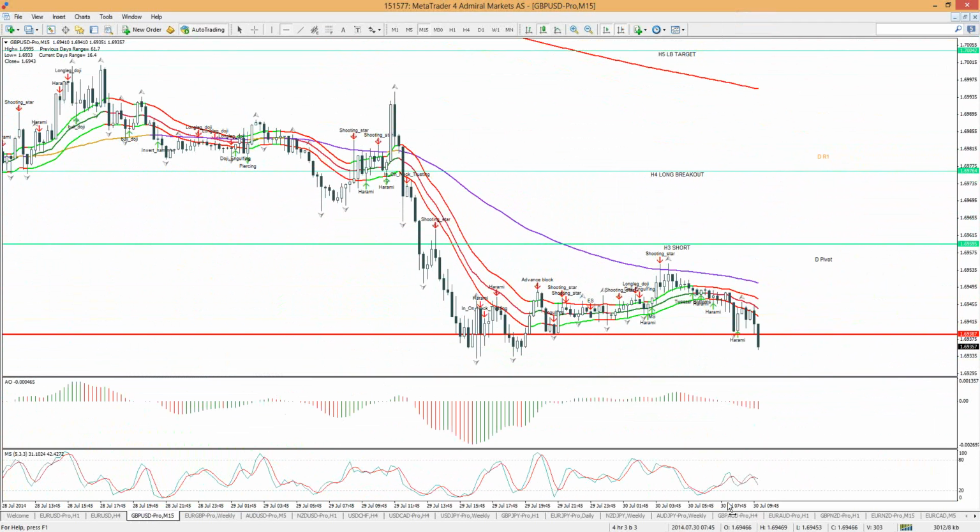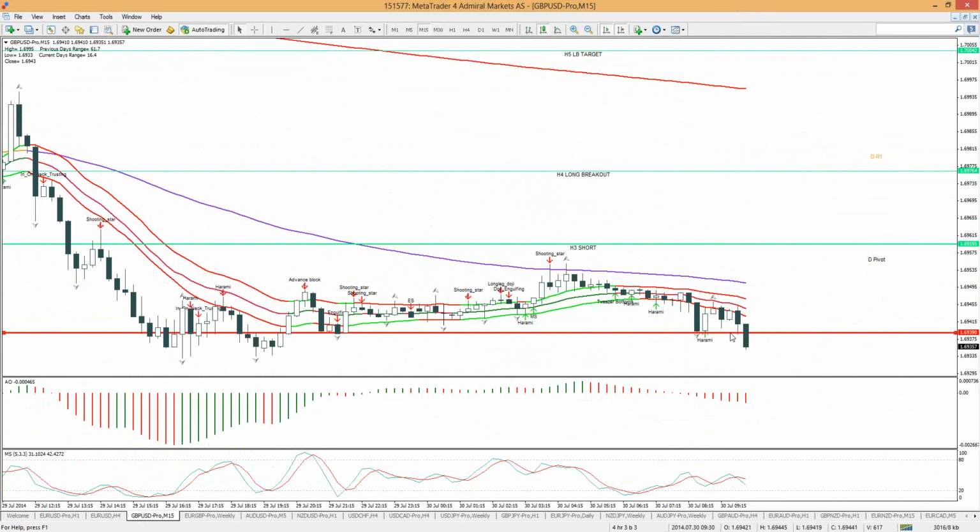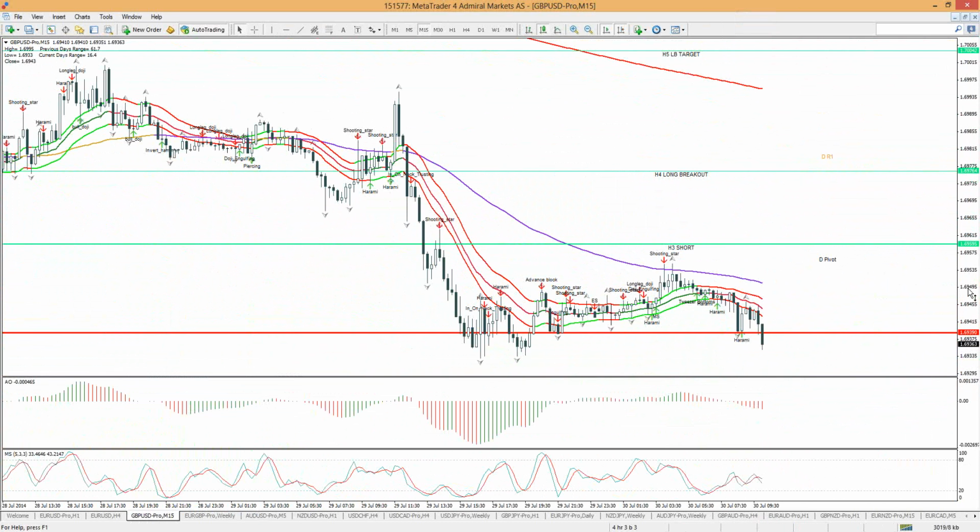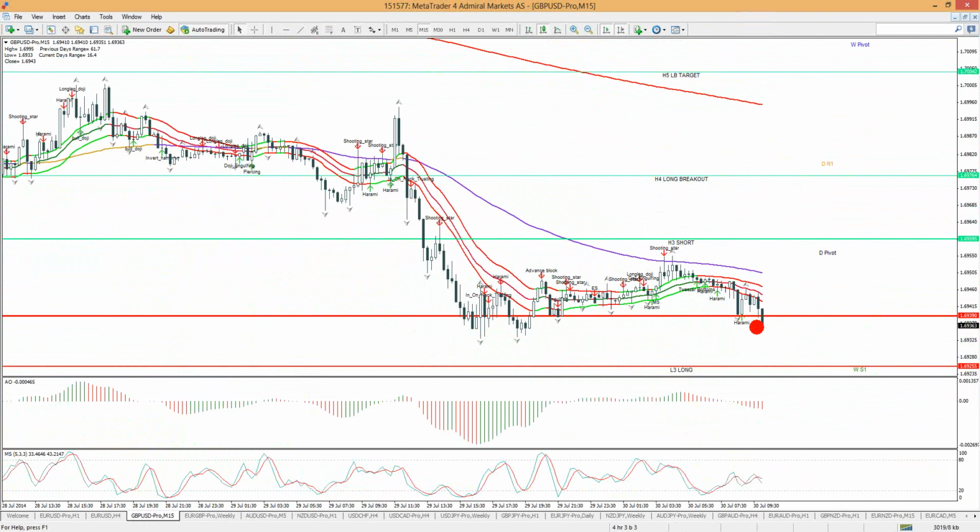This is the fractal here at 96.39. So we're actually breaking that level right now.